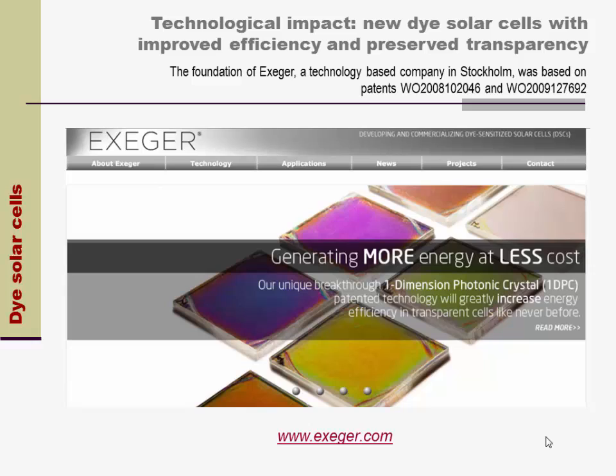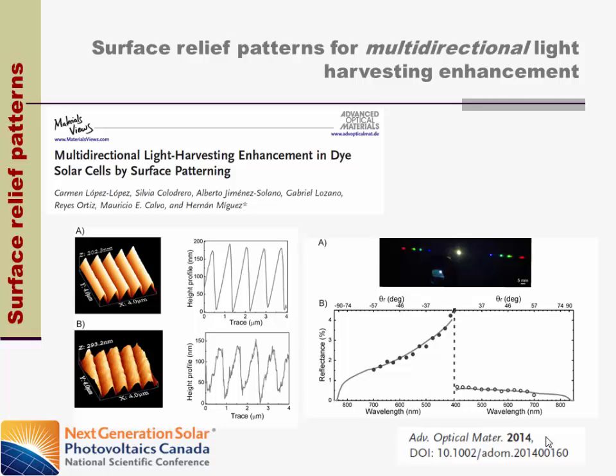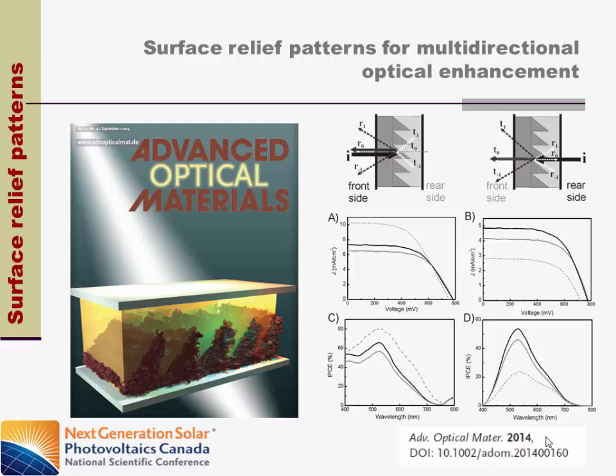And the answer is textured surfaces, which I mentioned at the beginning. What is that? Well, maybe I should actually show this first. So this is basically what we were proposing. This darker gray would be our titanium oxide film, and what we were proposing is to pattern it. When you pattern that, you create an optical diffraction grating for your light.